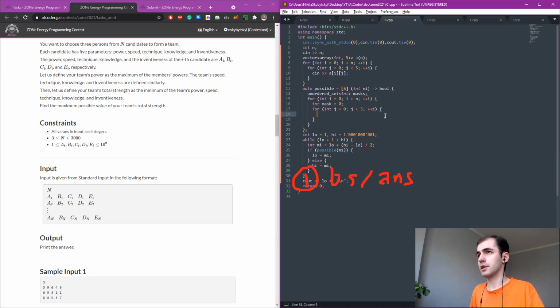Nothing particularly interesting happens if array A[j] is at least middle with a null mask.